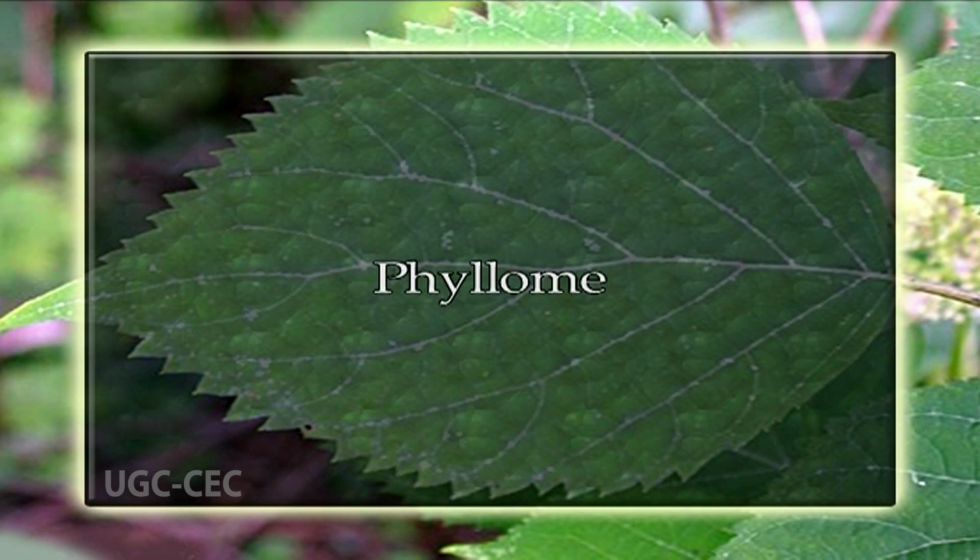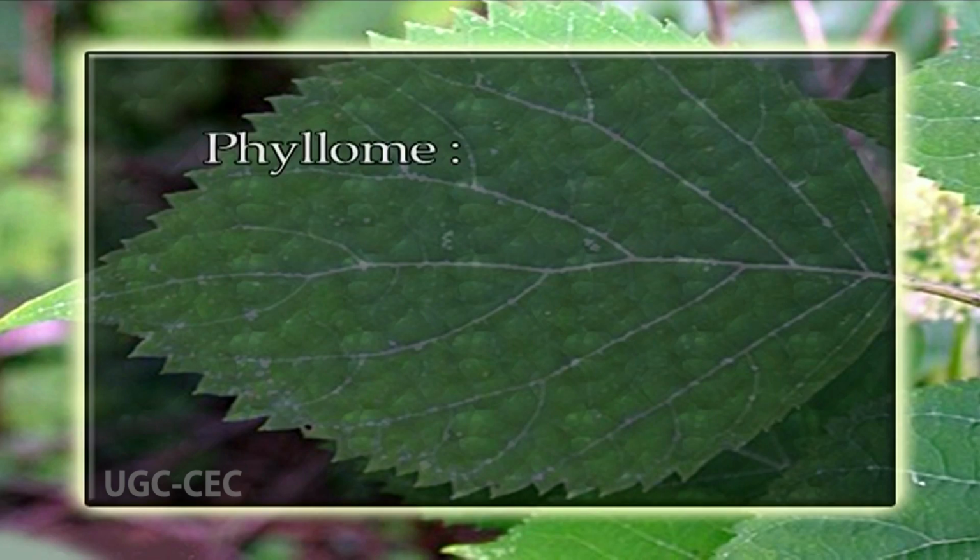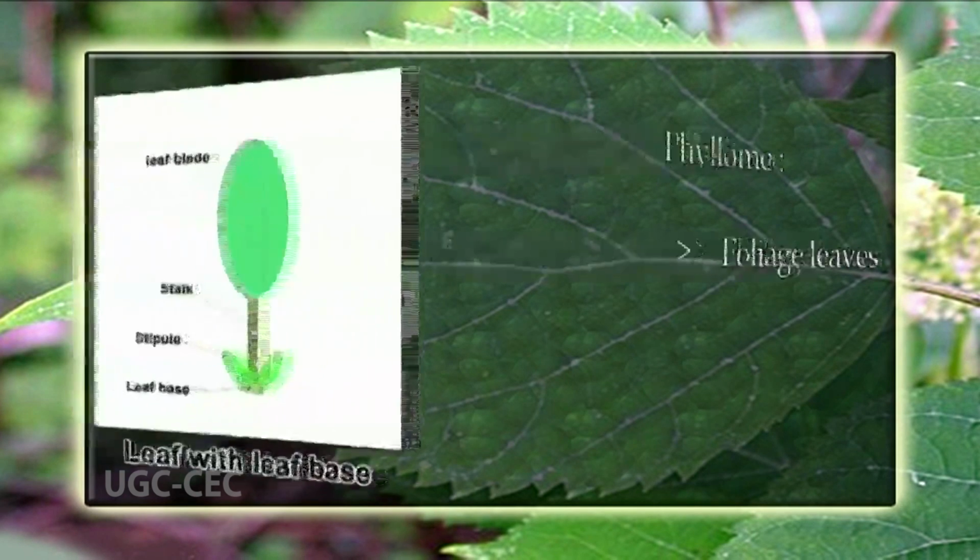Morphologically, the leaf is the most variable plant organ in the spermatophytes. The collective term for all the types of leaves appearing in a plant is the phyllome. Phyllomes have been classified into 4 types. Number 1, foliage leaves or photosynthetic leaves.